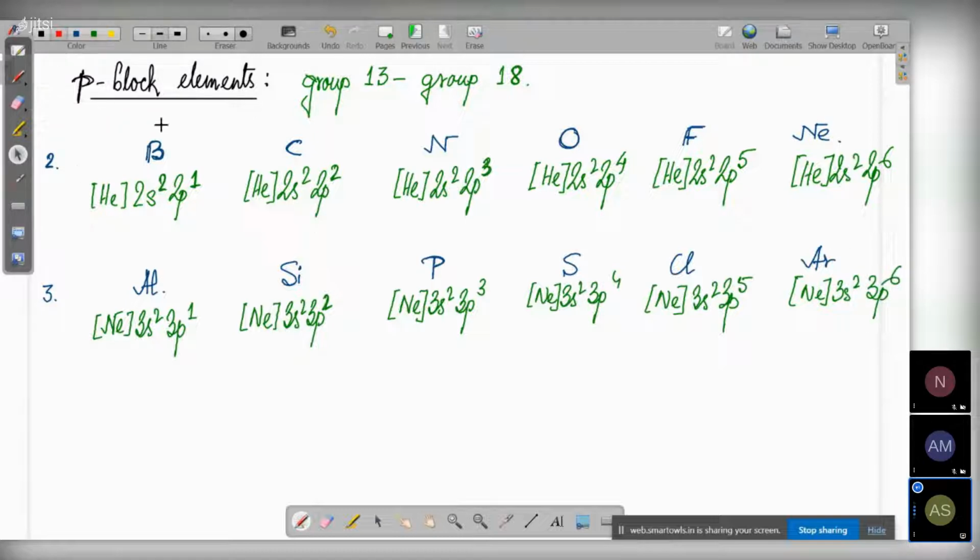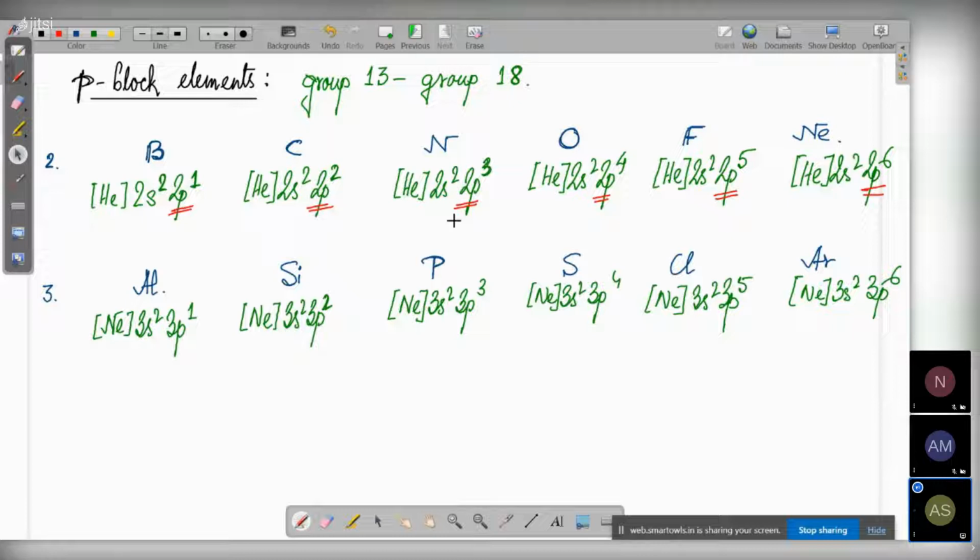From this configuration, you can see that in all the cases, the last electron, that is the valence electron, is entering the p orbital.